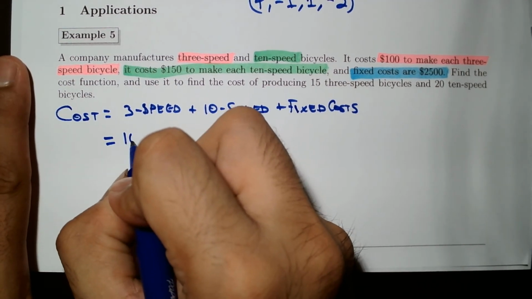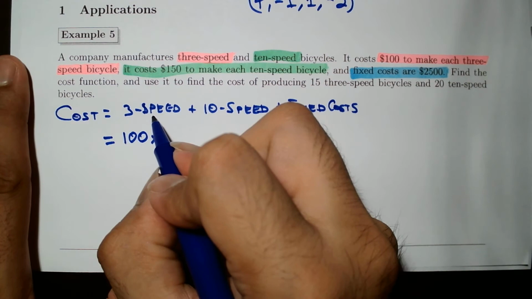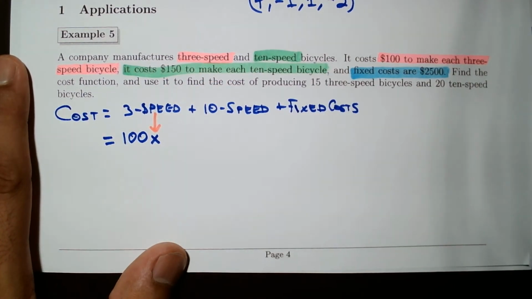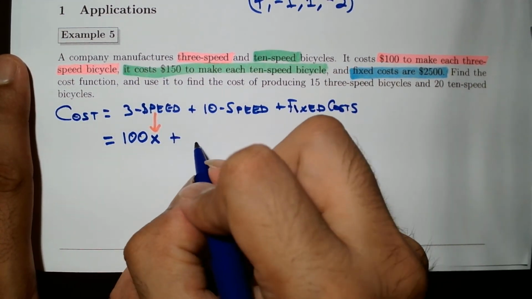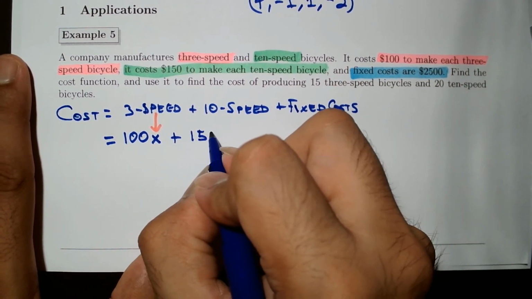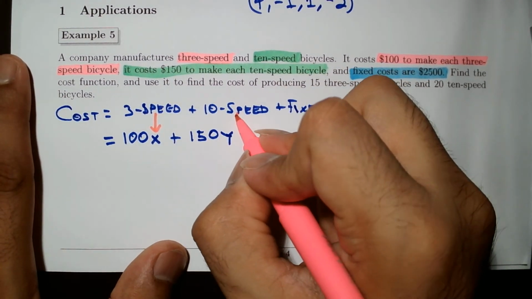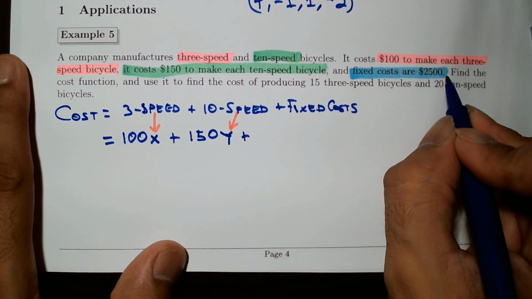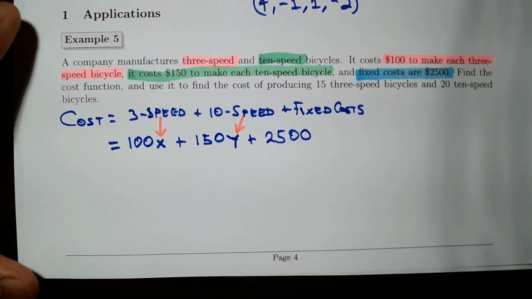So that means each X, let's call that X. By the way, the 3-speeds are going to be labeled X. And it costs $100 to manufacture one, and $150 to manufacture Y 10-speeds. Plus the fixed cost, which is $2,500.